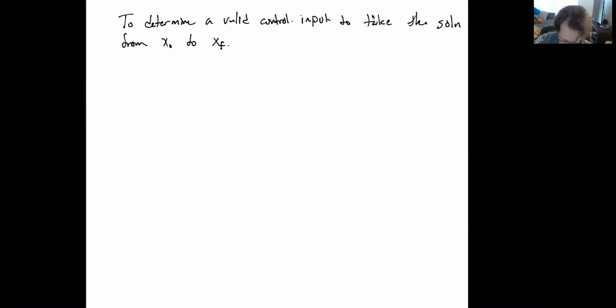We can follow the following steps. Step one is first compute the state transition matrix.